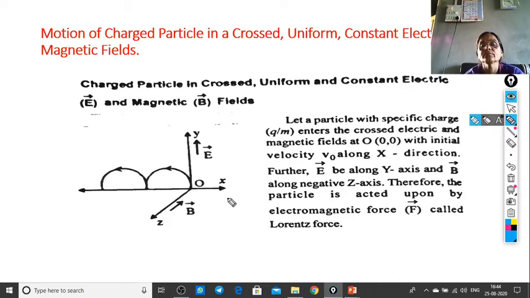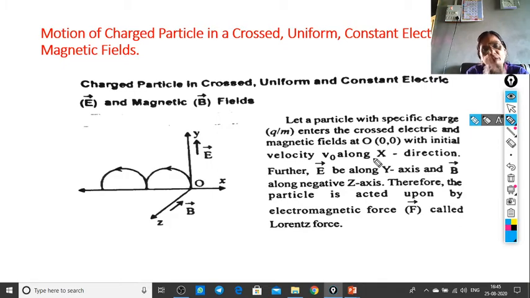Let a particle with specific charge q by m enter the crossed electric and magnetic fields at origin O, initially (0, 0), with initial velocity v0 along the x direction.